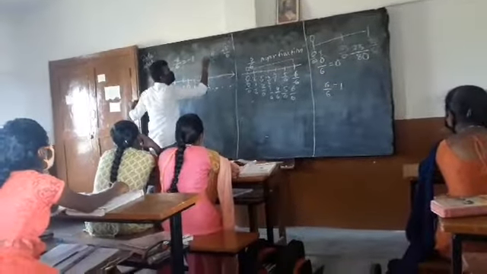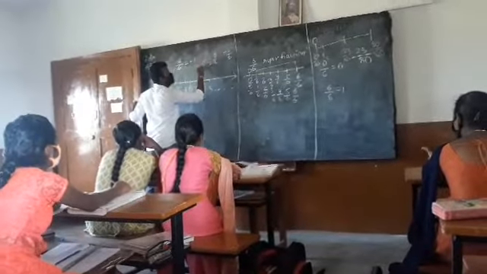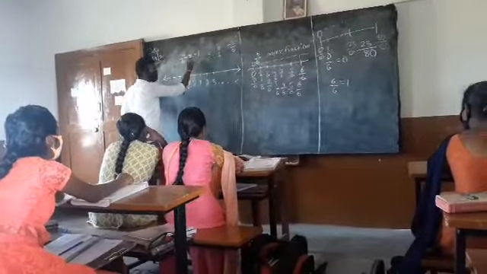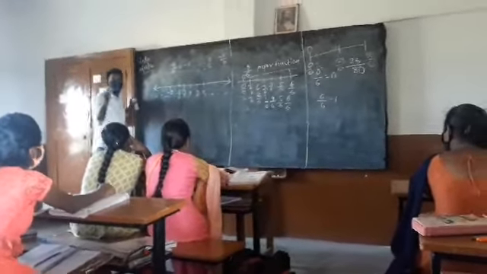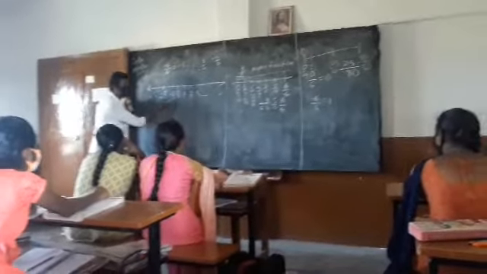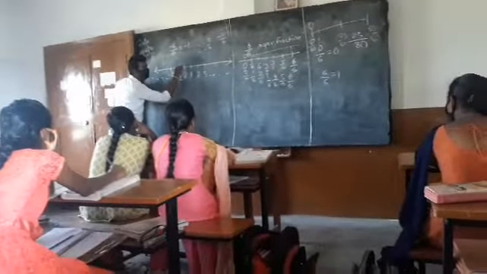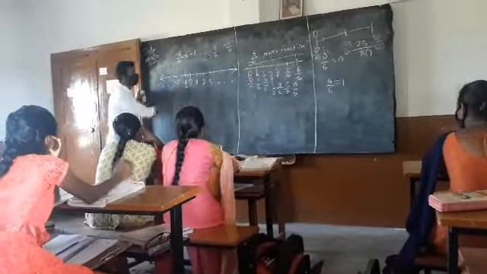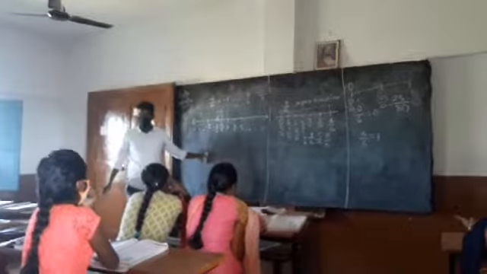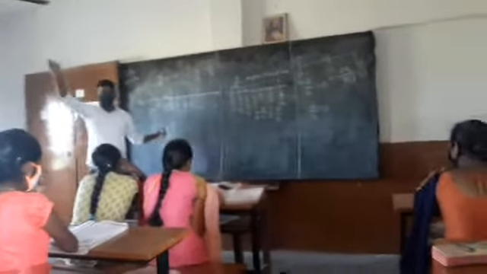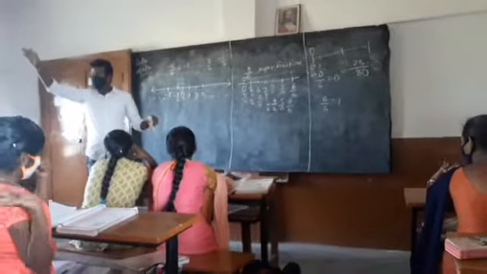So, minus 1 by 6, minus 2 by 6, minus 3 by 6, minus 4 by 6, minus 5 by 6, and minus 6 by 6, which is nothing but minus 1. You need to divide this portion into 6 equal parts and plot minus 5 by 6. Understood? Do you all understand how to plot a proper fraction? Are you clear with this?